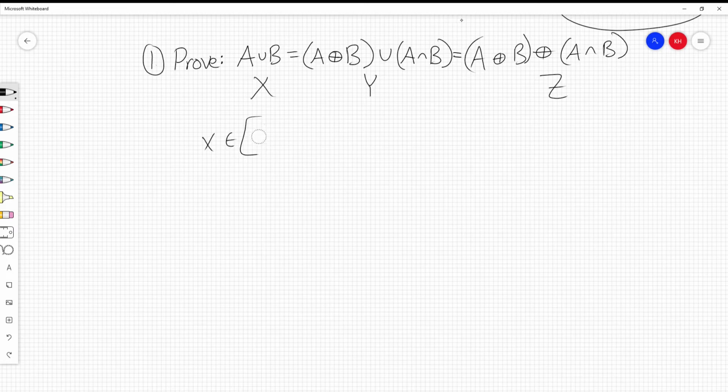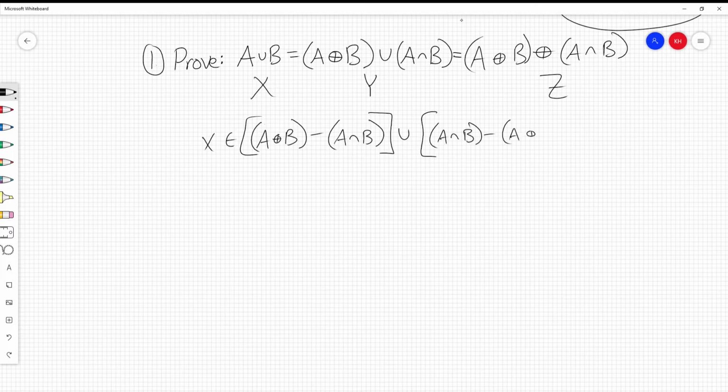Since we have a symmetric difference right there, we'll break it down a little slower. We'll have A symmetric difference B minus A intersection B, unioned with A intersection B minus A symmetric difference B.